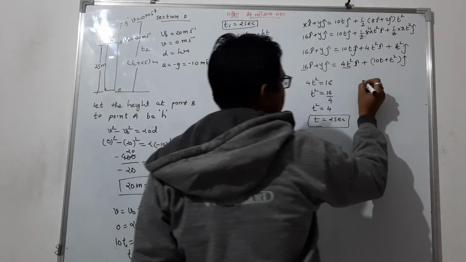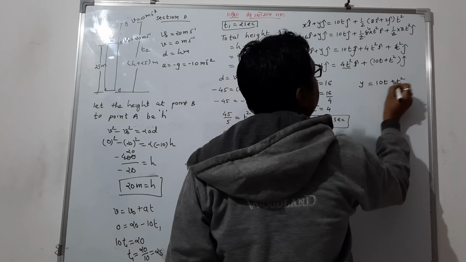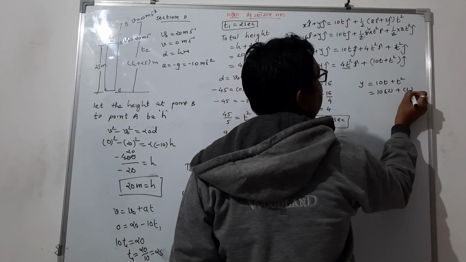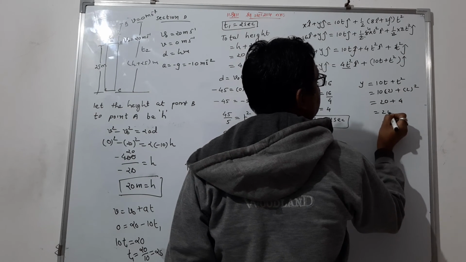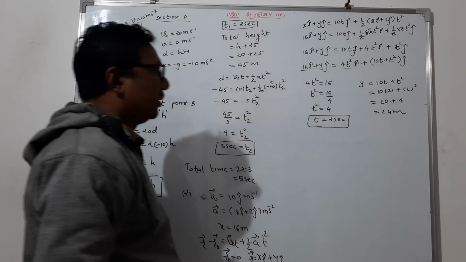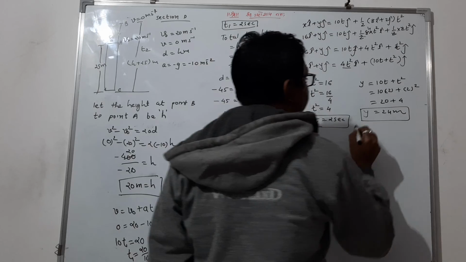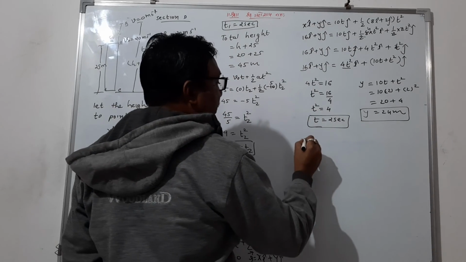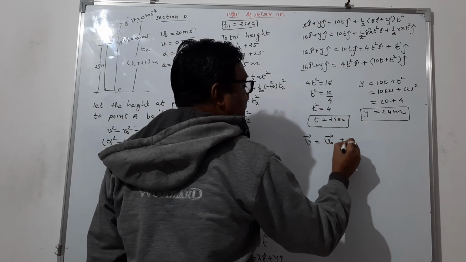Now compare y. y is equal to 10t plus t square. So 10 into 2, plus 2 square. So 20 plus 4, it is 24 meter. So the y coordinate is 24 over here. Now let's move ahead. You need the velocity. So it is v0 plus at.